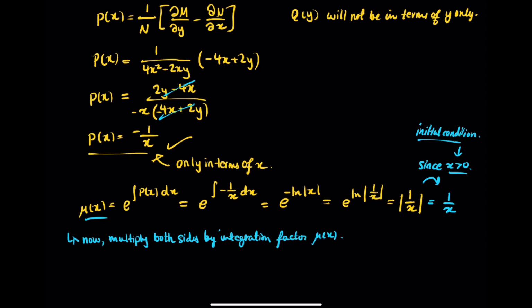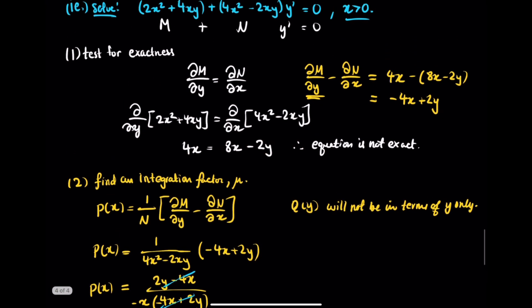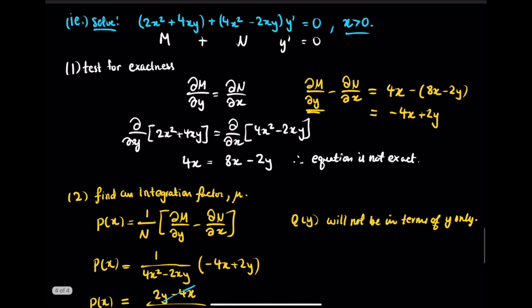All right, so mu(x) is 1 over x, and this was your exact equation.